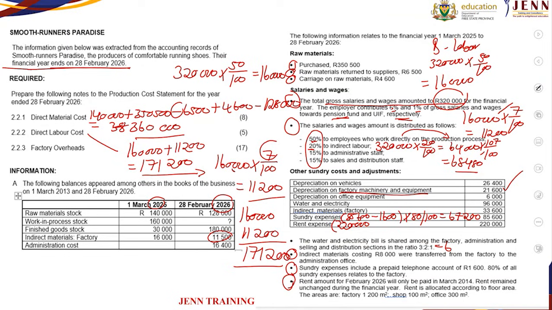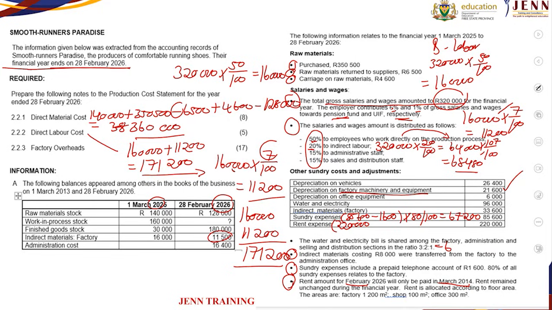Remember, our financial year ends in February. So the one for February we did not pay. We are only going to pay it in March. But this expense has occurred this year. So meaning the expense for February must still be part of the financial year. So what does that mean?